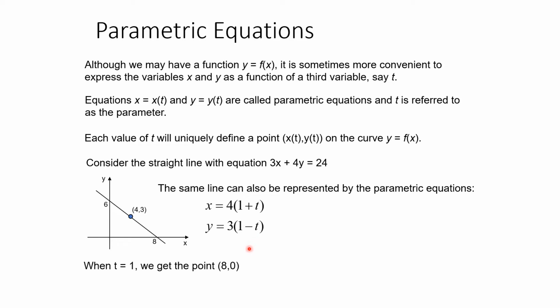For every value of t, each value will uniquely define a point on the curve. So when t is 1, you get the point (8, 0) by substituting t equals 1 into x and y. And when t is -1, you substitute into these equations and you will get another point.